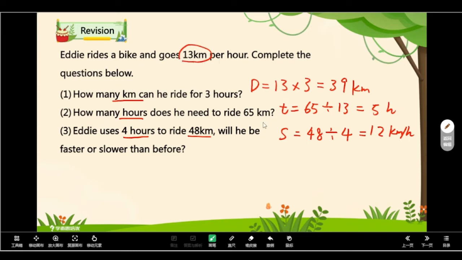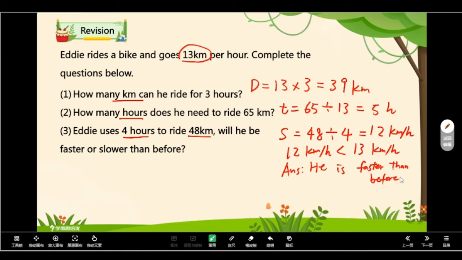So which one is faster? Yes, he is faster than before. So we need to write down because 12 km per hour is larger or smaller? Smaller than 13 km per hour. So our answer is he is slower than before. And we have completed our revision here.